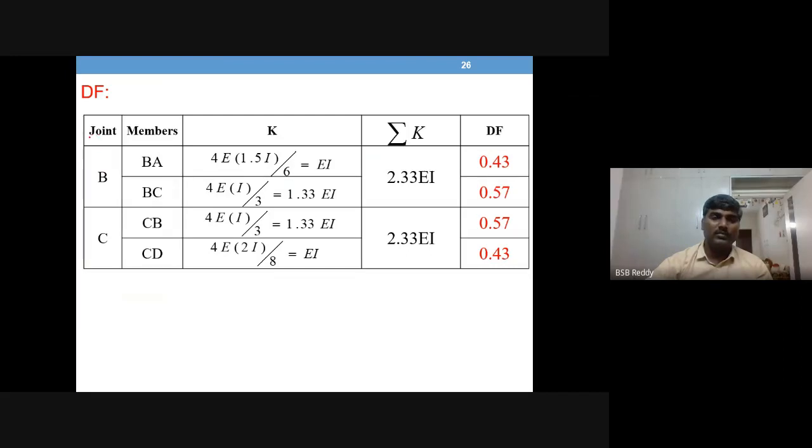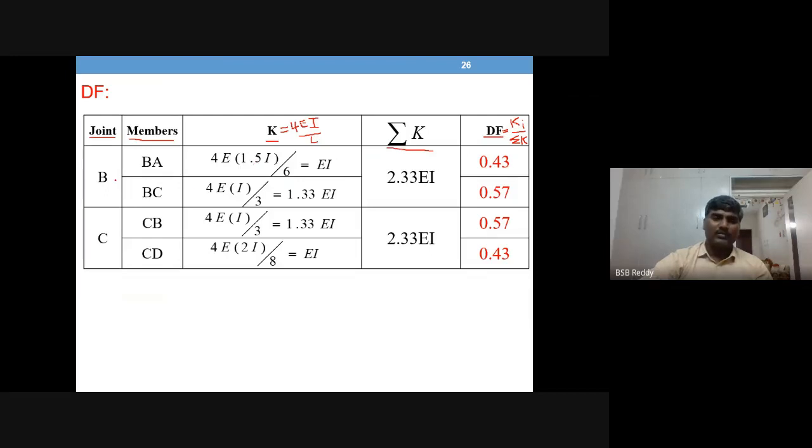Remember, joint first, then the members, then the k value, which is 4EI by L is the formula, and then joint stiffness, that is sigma k, and then the distribution factor formula, k of a member divided by the joint stiffness of that concerned joint.